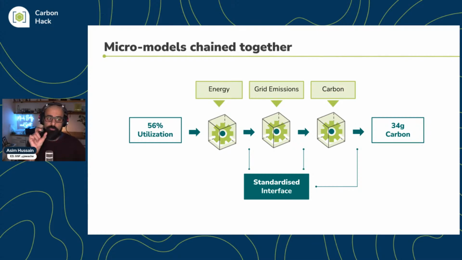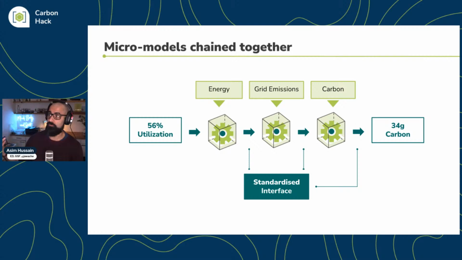And this is where oftentimes a point of contention comes along with these monolith models: you need to take energy and figure out how clean or dirty the electricity was that the energy was consumed from. There's a lot of assumptions here.